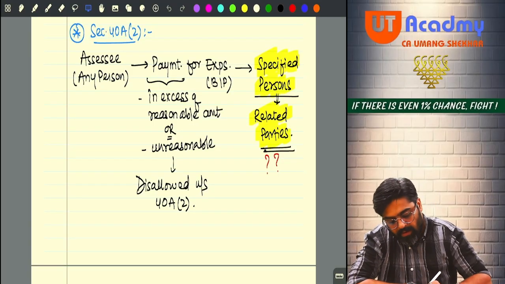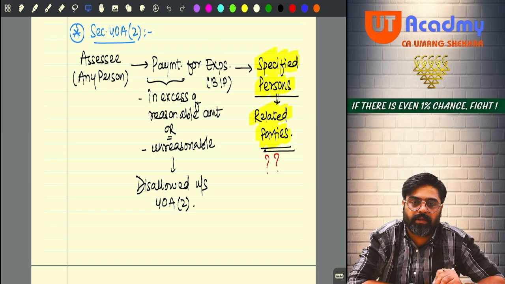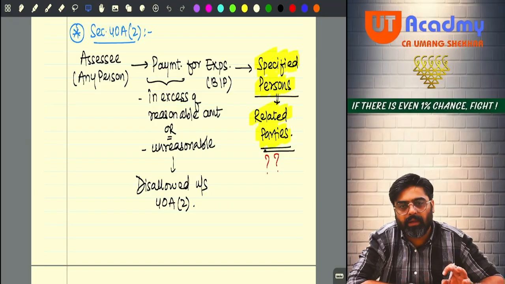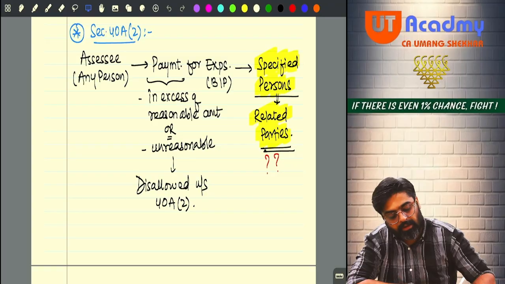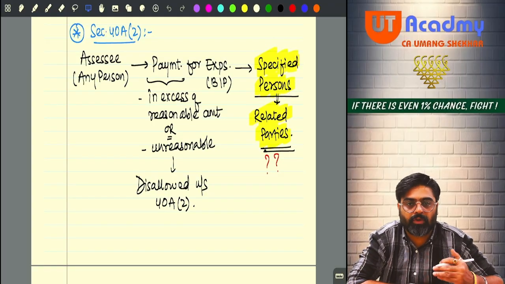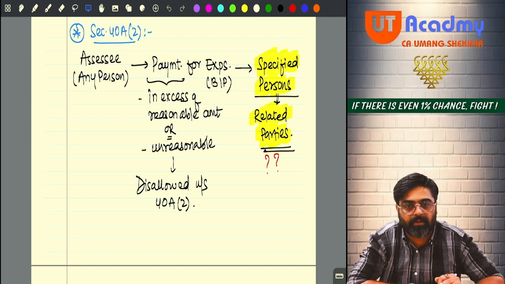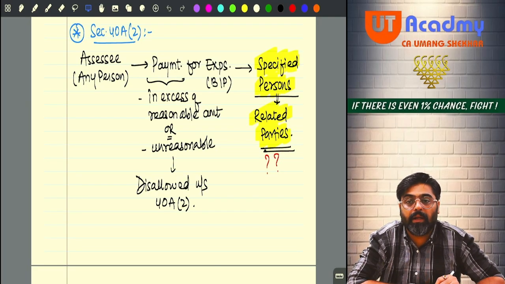What this section says is that if you are an assessee and you have incurred some expenses for the purpose of your business or profession, for example commission, interest, salary, it can be any type of expense, and you are making the payment for that expense to a specified person, whom we call related parties.